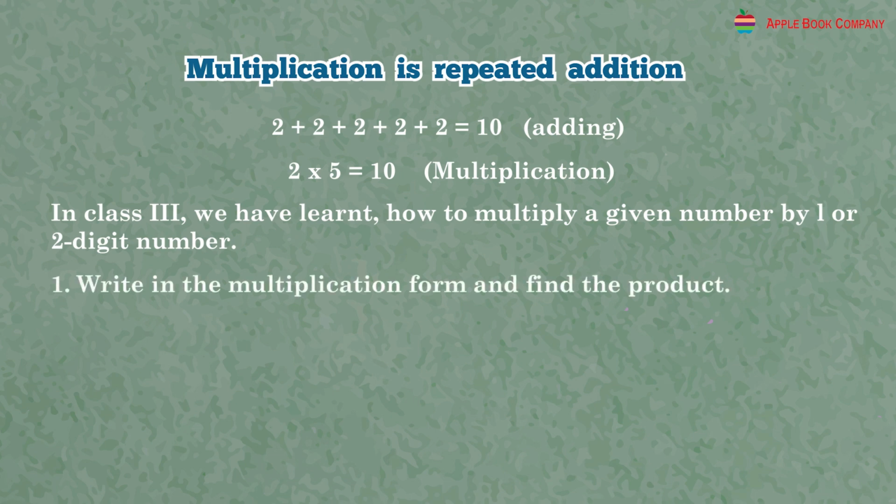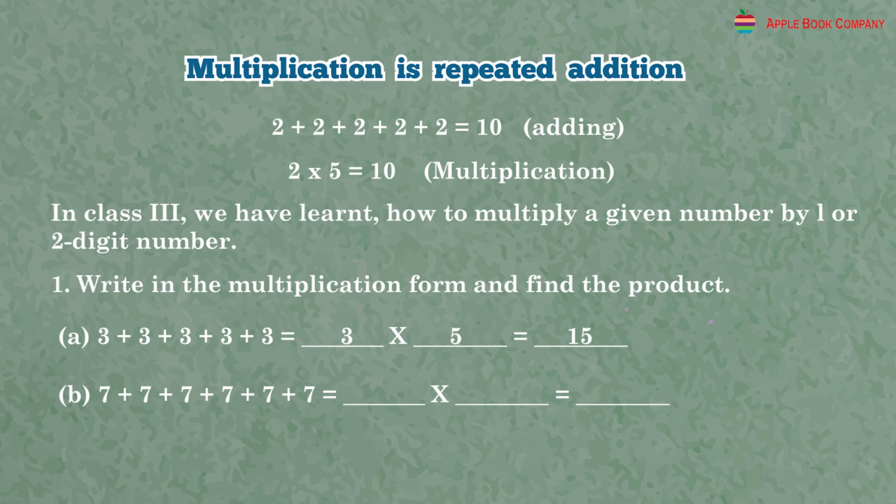Write in the multiplication form and find the product. 3 plus 3 plus 3 plus 3 plus 3 is equal to 3 multiplied by 5, which is equal to 15. 7 plus 7 plus 7 plus 7 plus 7 plus 7 is equal to 7 multiplied by 6, which is equal to 42.